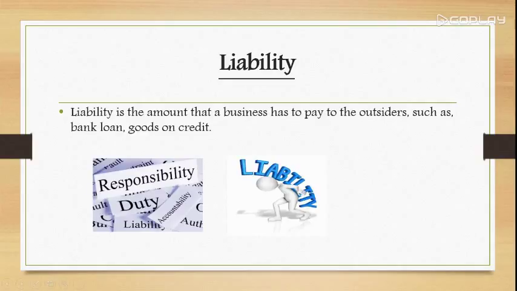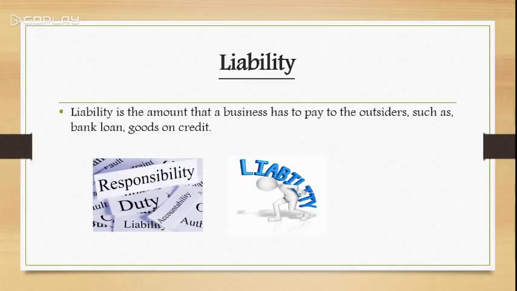Now, let us look at liabilities. What is a liability? Liability is the amount that a business has to pay to the outsiders. So, we can say that liability is the responsibility of business or the money business has to pay to outsiders.